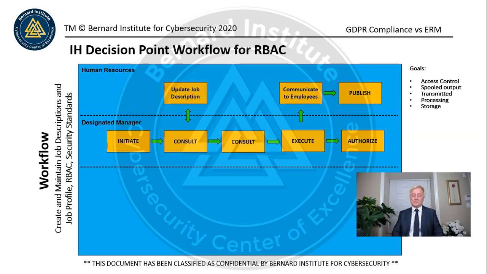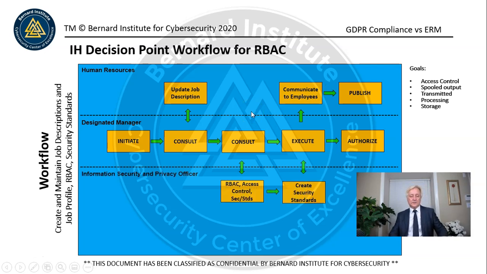So that's very bad. So we need to work with human resources and the hiring manager to make sure that the job description actually defines what it is the employee should have access to. This is a key part of role-based access control. Once we make that decision, and it's approved, then human resources needs to communicate it to the employees.